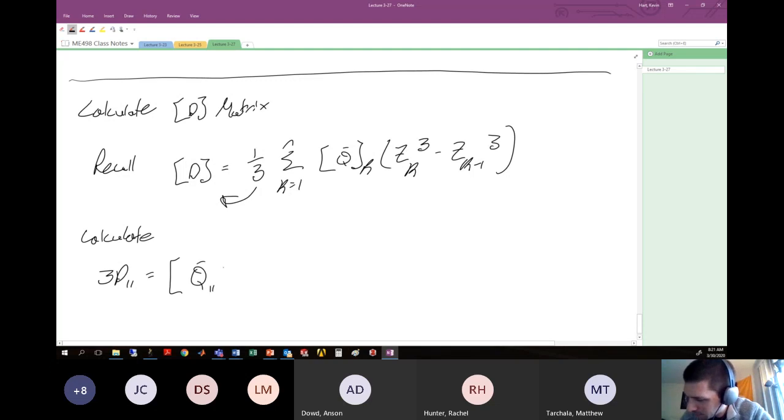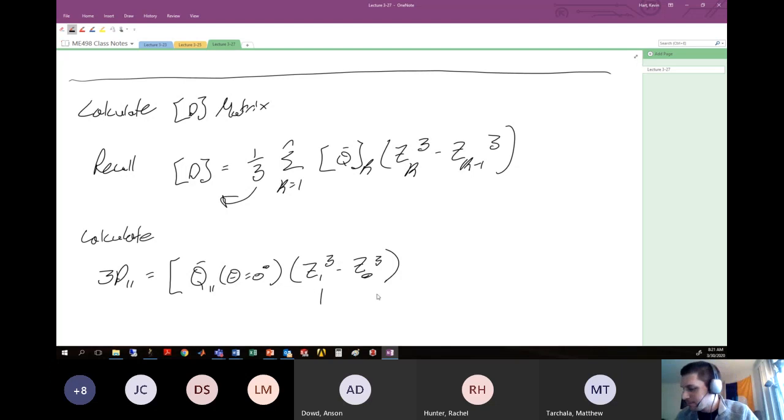So here we have Q bar 11, the contribution from the first layer for theta equals 0. And here now we're multiplying by Z1 cubed minus Z0 cubed. This is Zk minus 1. We're going to add to that the contribution from the 45 layer. Here we have Z2 cubed minus Z1 cubed.